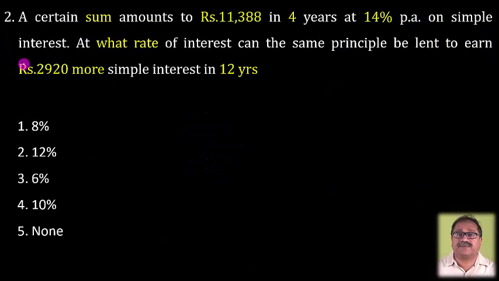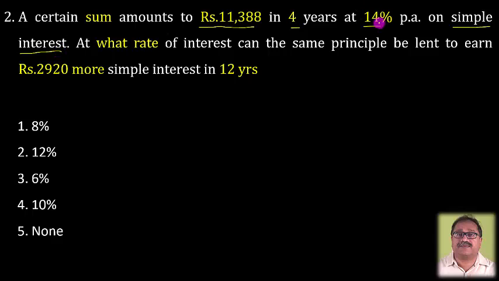Now here, question 2. A certain sum amounts to rupees 11,388 in 4 years at 14% per annum on simple interest. We know simple interest for every year is the same.